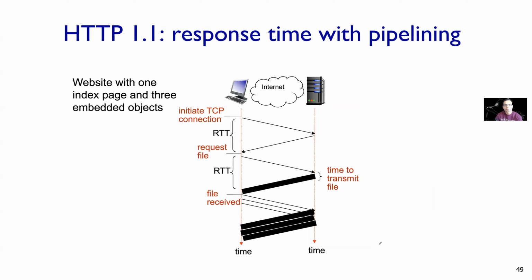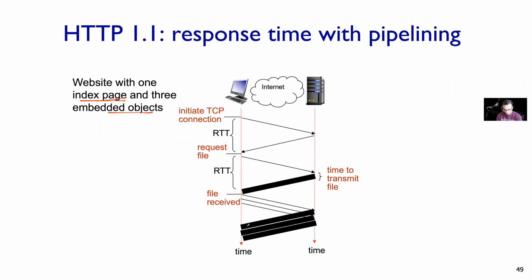Imagine you have a website with one index page, which is the base page, and then 3 embedded objects. So you would need 1 round trip time to set up the connection, 1 round trip time to get the index page, right? Unless your browser gets the index page, the browser doesn't know how many objects there are. So you need to explicitly first get the index page. That will tell you how many other objects are in there, and then those requests can be sent in a pipeline manner.